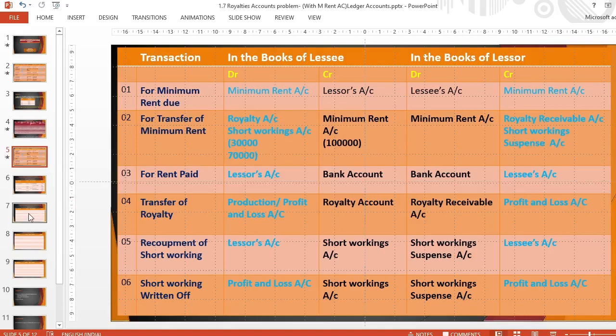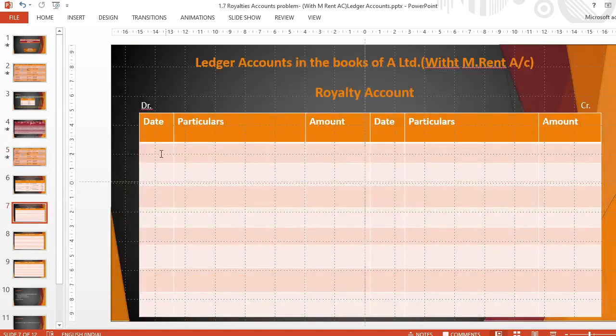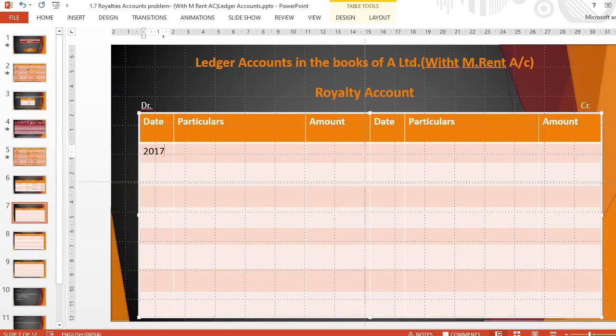I'll start from the year 2017. Here the first entry is transfer of minimum rent to royalty account. The entry is royalty account debit, short workings account debit to minimum rent account.